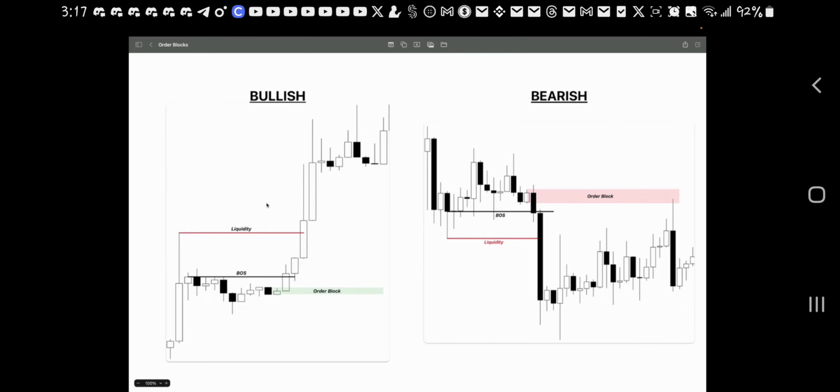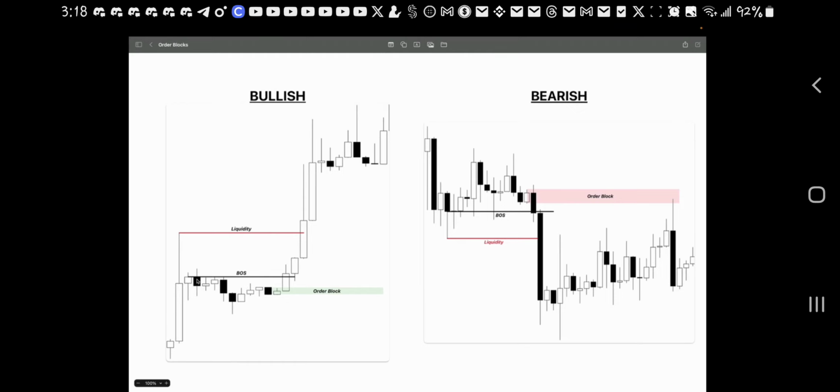So why does this matter? Because of what the order block represents. In an order block, you find the level before a break of structure. So if we look at the bullish one first, the order block is marked in green. It is drawn around the candlestick that directly precedes the break of structure.